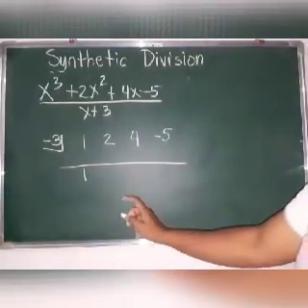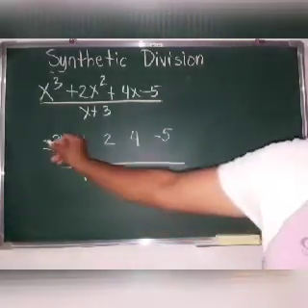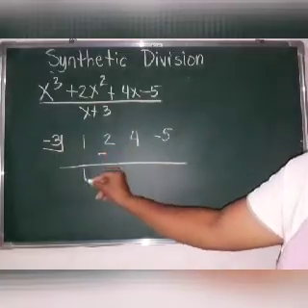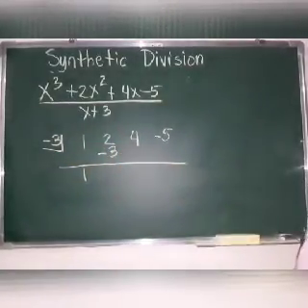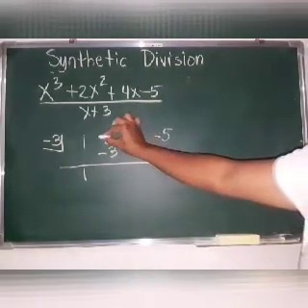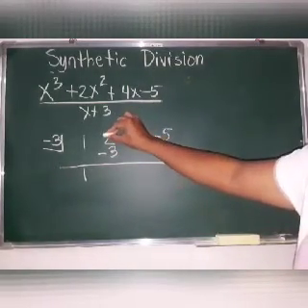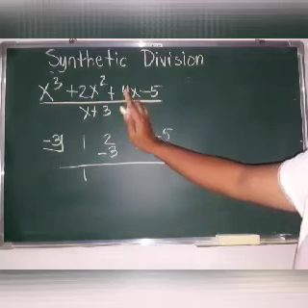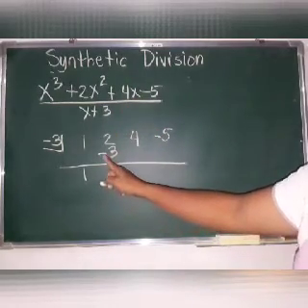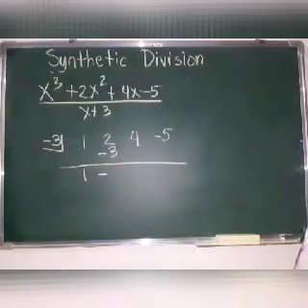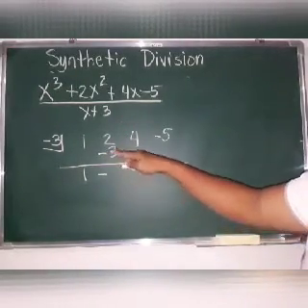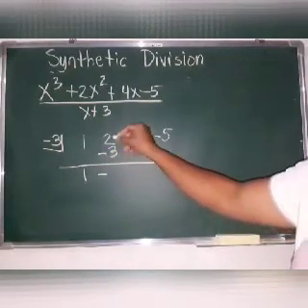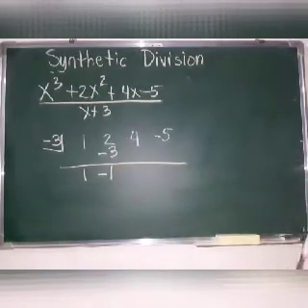So, next, multiply. Positive times negative is negative. 1 times 3 is 3. Then add. In adding unlike sign, copy the sign of the greater value, negative, and then proceed to addition. Or, if unlike sign, subtract. 3 minus 2 is 1.